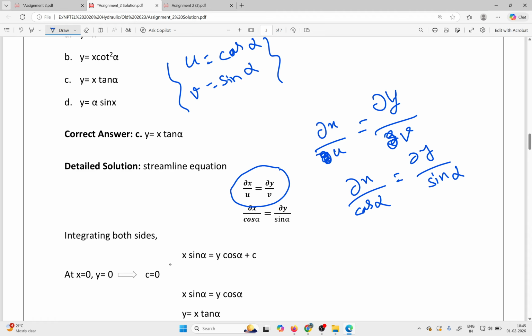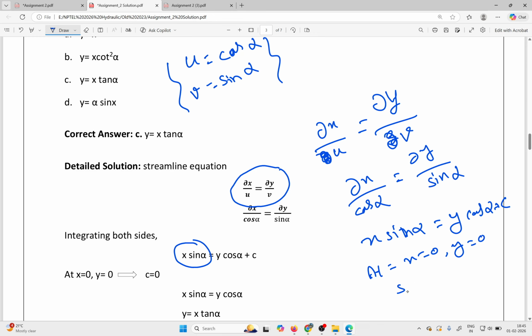You will get x sin alpha equal to y cos alpha plus c. The origin in the question is given, so from here you can write very easily y is equal to x tan alpha, because your question is given in terms of y, so you have to write in terms of y. So hope you understand.